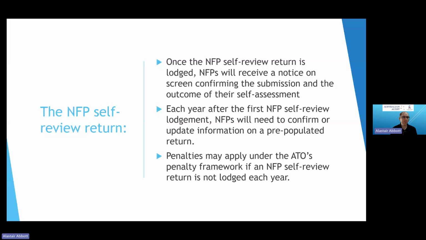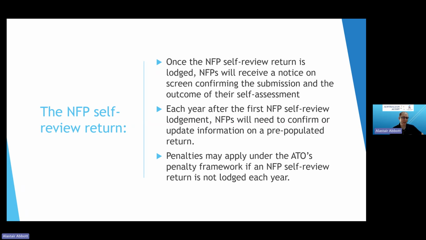When you get to the end, you complete the lodgement, and based on the answers you've provided, it's going to say, yes, you do have that income tax exemption, you do fit into one of the 8 categories, or no, you don't. There's a few people that have said, oh, well, but what if I just don't lodge this? I don't want to lodge it. What if I do nothing?